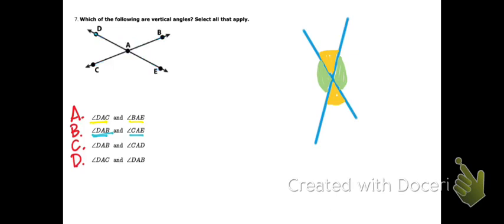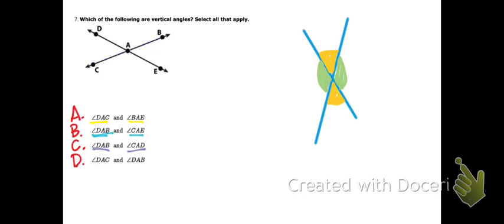Are these vertical angles? If so, this is also one of the answers. For option C, it says from D to A to B, this angle right here. And then from C to A to D, this angle right here. Are these 2 vertical angles? If so, then C is one of the answers also.